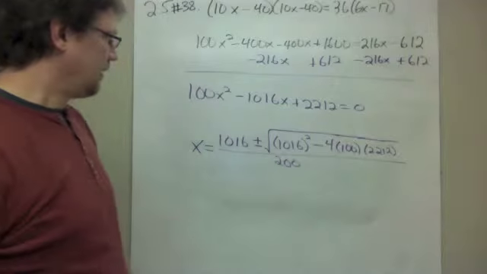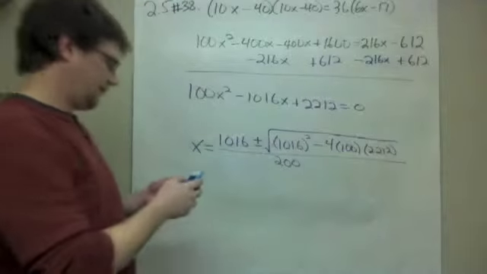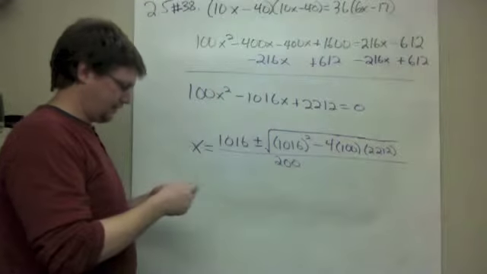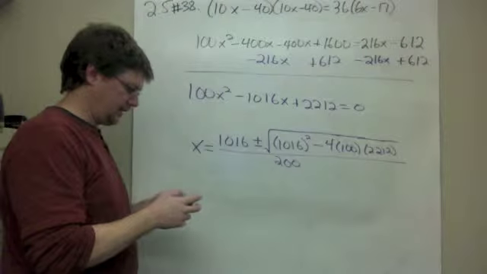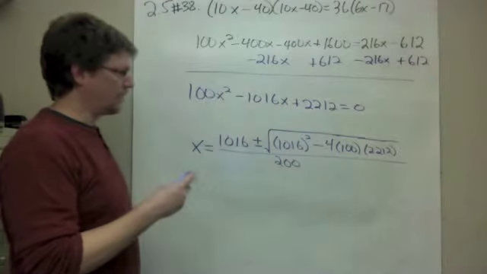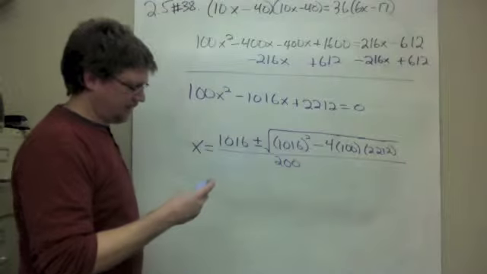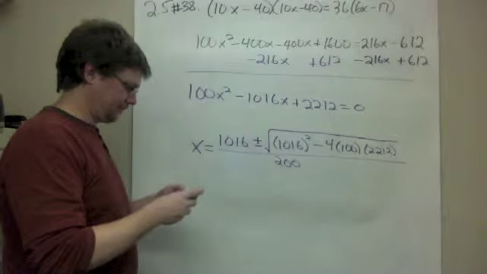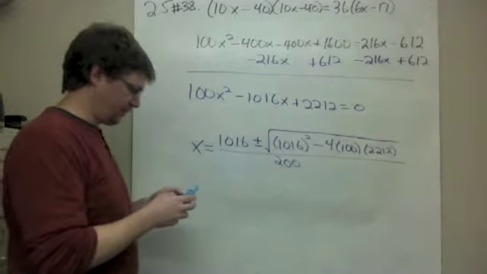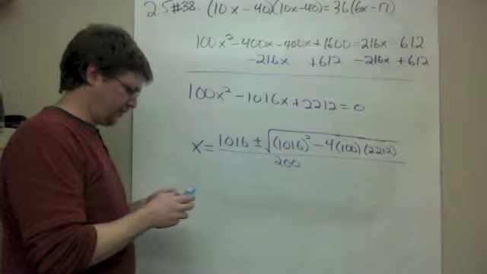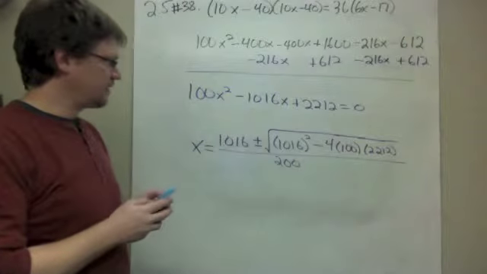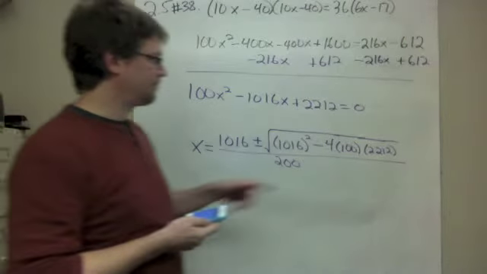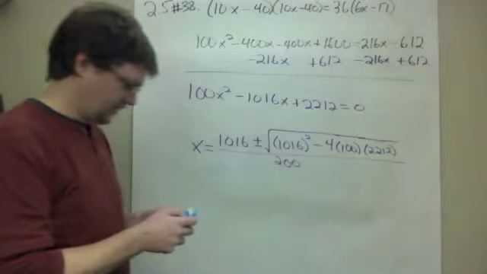Okay. All right. So 1016 squared is a whole honkin' large number. Let's use Wolfram Alpha for this. Okay, Wolfram Alpha app. All right, so 1016 squared is a little over a million. This is also going to be very large.